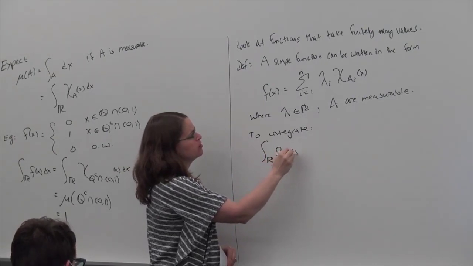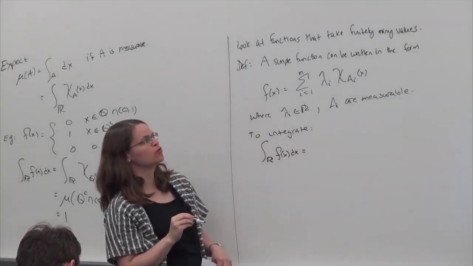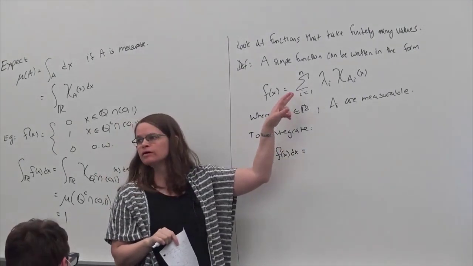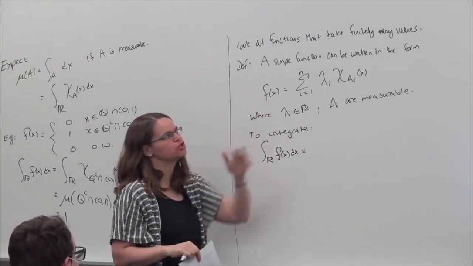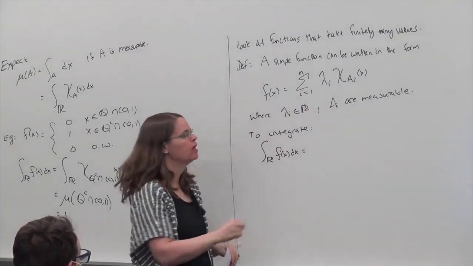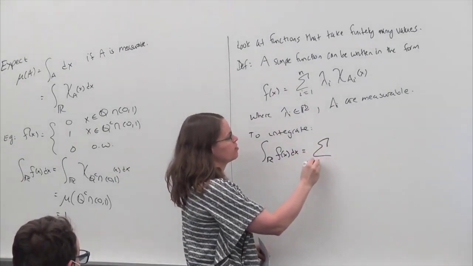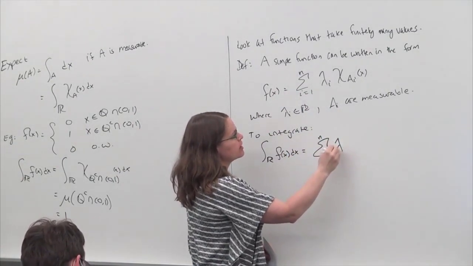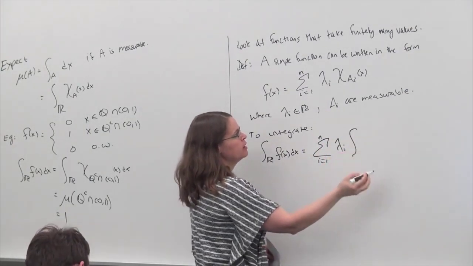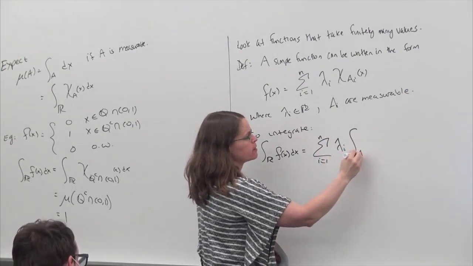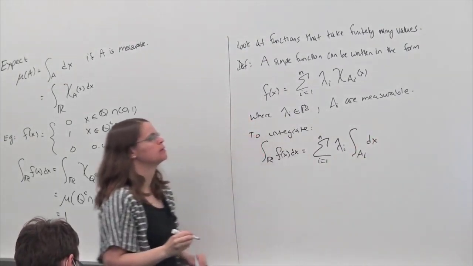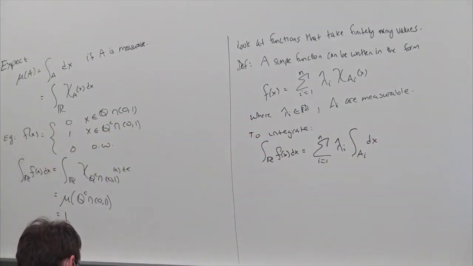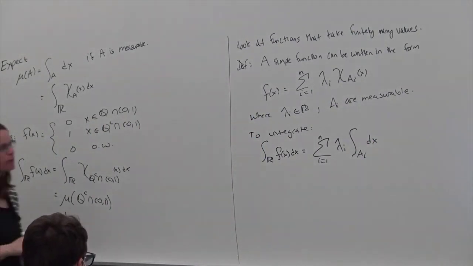if we try to integrate this, we might say, well, if we assume linearity, then I should be able to swap the order of the integral sign and the summation sign. I should be able to pull constants out of this. And all of a sudden, I have something that looks like the weighted sum of the integrals of a bunch of characteristic functions, the weighted sum of just a bunch of volumes of sets.